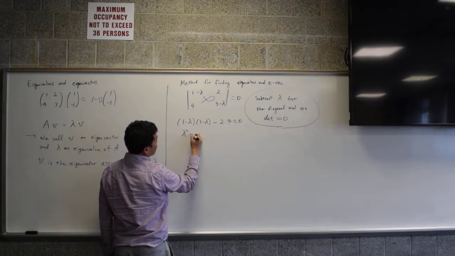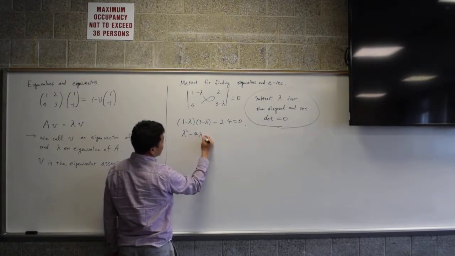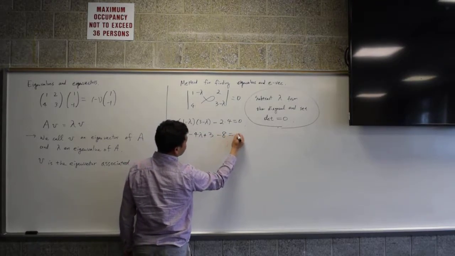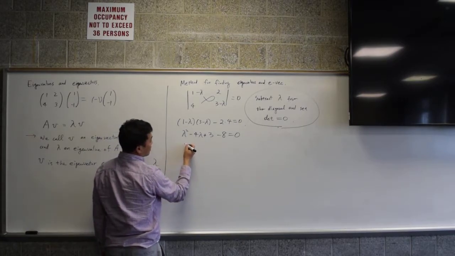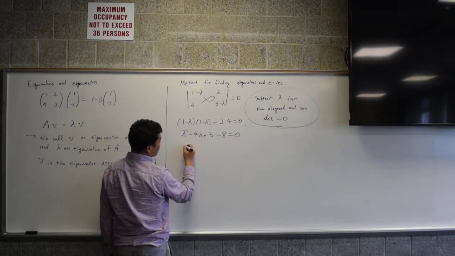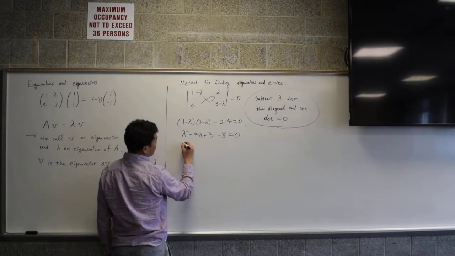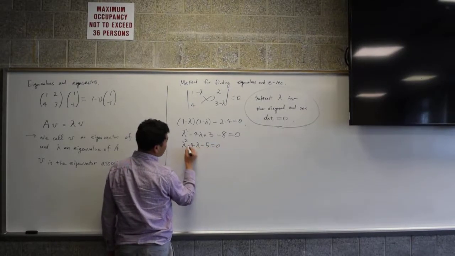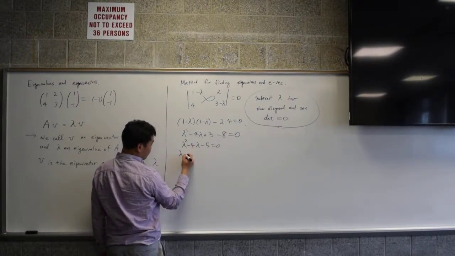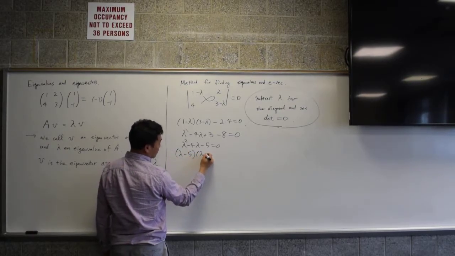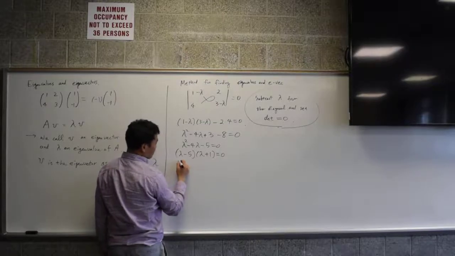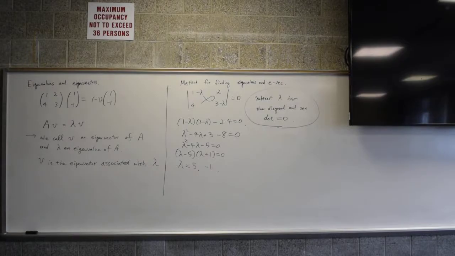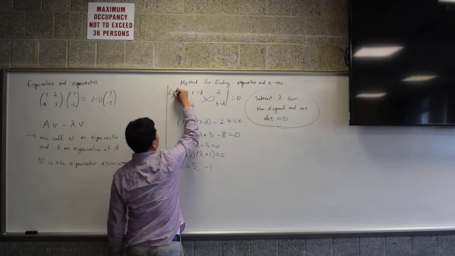If I FOIL this out, you're going to see that's lambda squared minus 4 lambda plus 3, minus 8 equals 0, and therefore you get lambda squared minus 4 lambda minus 5 equals 0, and then you get (lambda minus 5)(lambda plus 1) equals 0, so lambda equals 5 or negative 1. Okay, so that's step one.